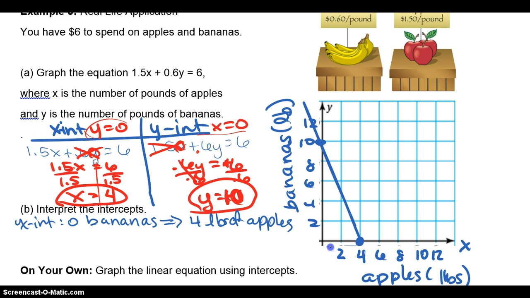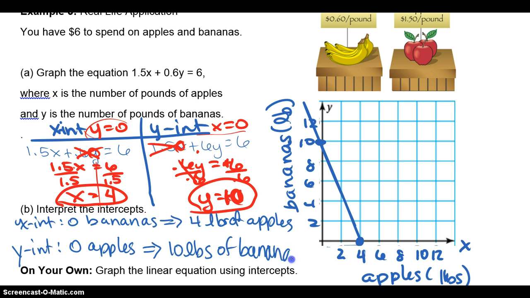So look at this right here, because that means the y value, bananas, would be 0, and I'd have 4 pounds of apples. The y-intercept means that if I have 0 pounds of apples, I would have 10 pounds of bananas, with my money that I had to spend, which was $6.